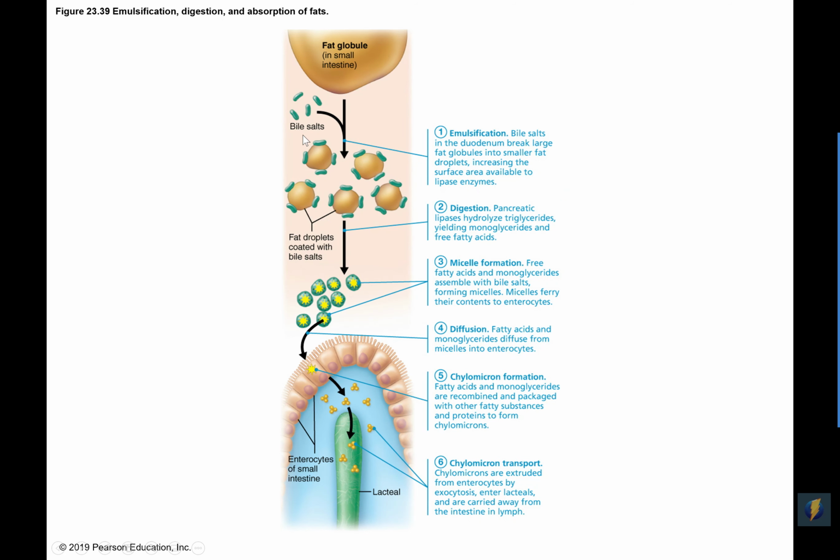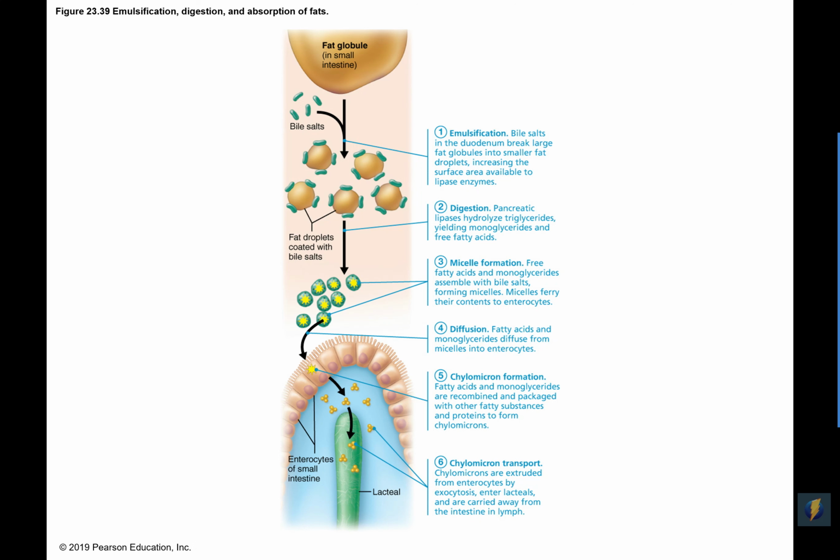So again, we have to emulsify the fat first with the bile. We need to break that big fat droplet into much smaller fat droplets. That allows more surface area of droplets in order for the enzymes to work.